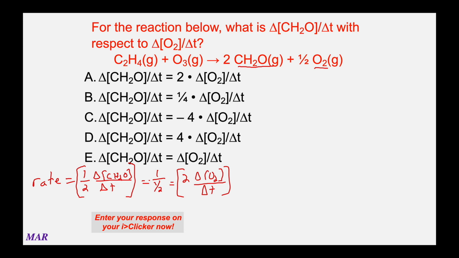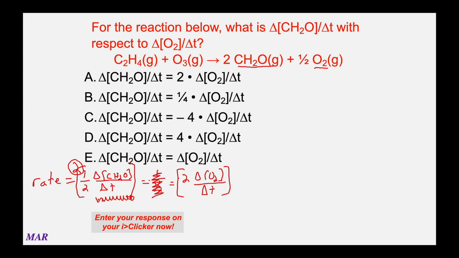Now, if you look at the answers up there, A through E, they're all just the delta CH2O over delta T. There's no 1/2. So basically we want to isolate the delta CH2O over delta T. And we can do that by, I'll just cross this part out right here. We need to get rid of the 1/2, and we can do that by multiplying it by 2.